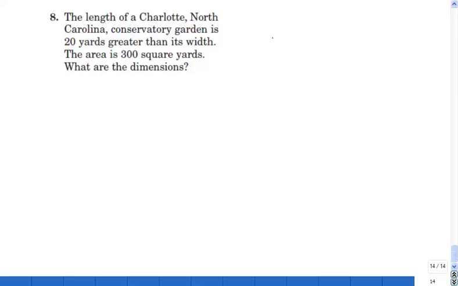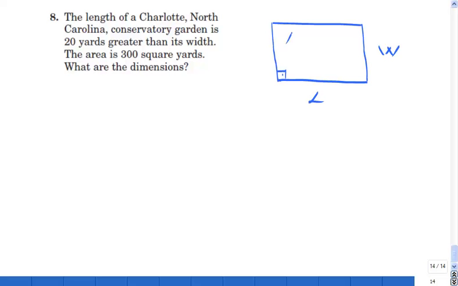Length, width. So what I have in mind here is a rectangle, right? And if my lines are not very straight, you guys have to excuse me, okay? That's a rectangle. I have a length and I have the width, okay?